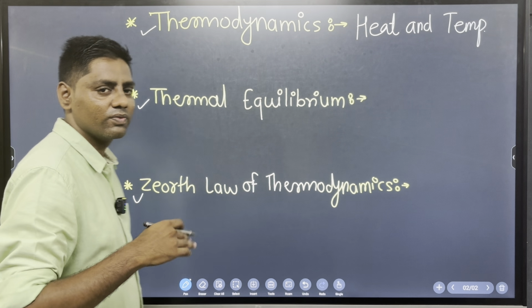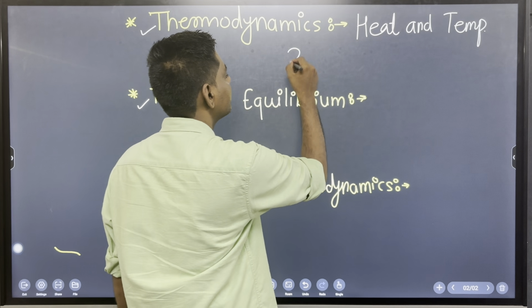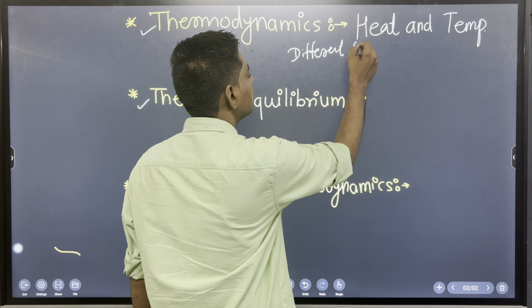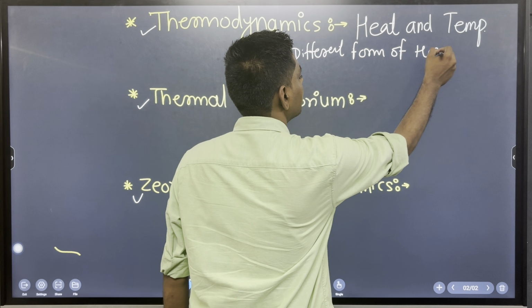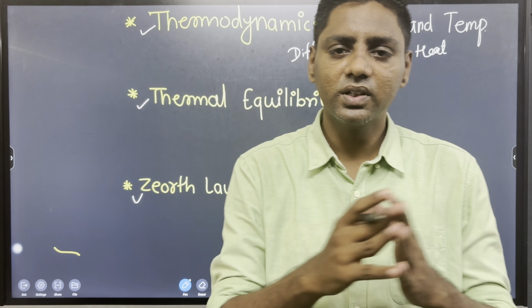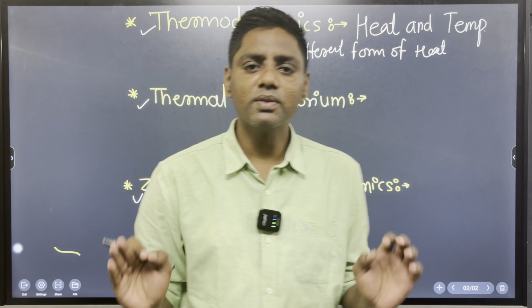In thermodynamics we also study the different forms of heat, and how interconversion between different types of energy takes place. So this is a very important and very simple definition.